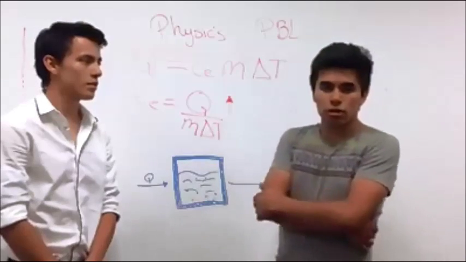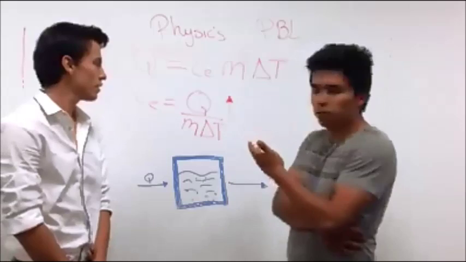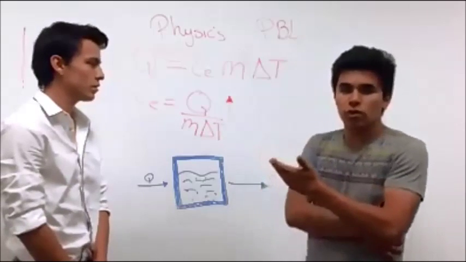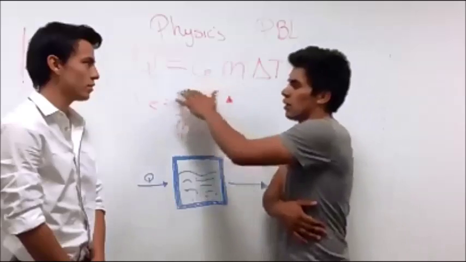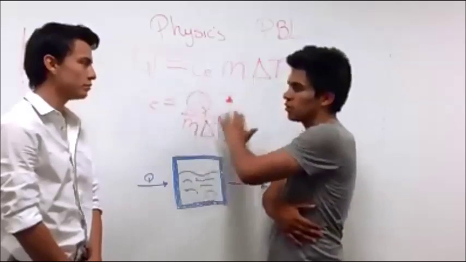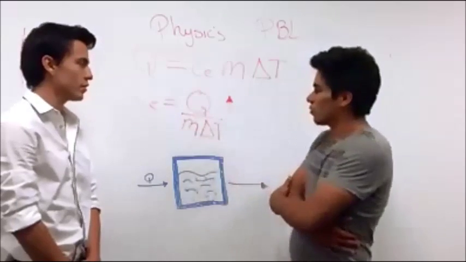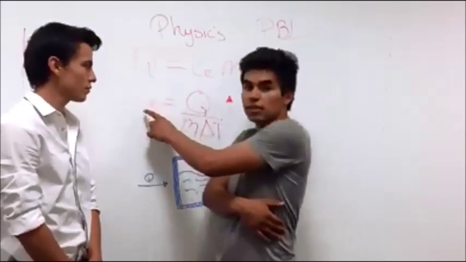As a conclusion, we found that the problem wasn't so difficult, because this is the answer, and it's just a little algebraic trick, and we just need to get this value.